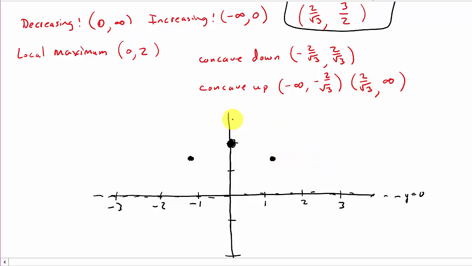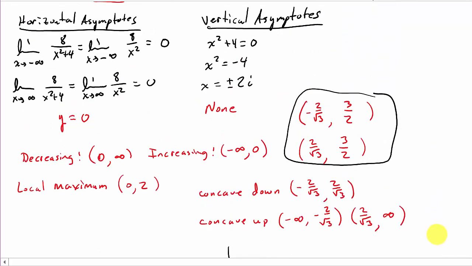And also, once we get to 0, from 0 to infinity, it is decreasing. So it's going to look like this. And then see how it changes to concave down. And then once it gets here, it goes back to concave up. Like that. Okay, and this graph is not going to cross this line y equals 0. And how do we know that? Because we know we have a horizontal asymptote there.